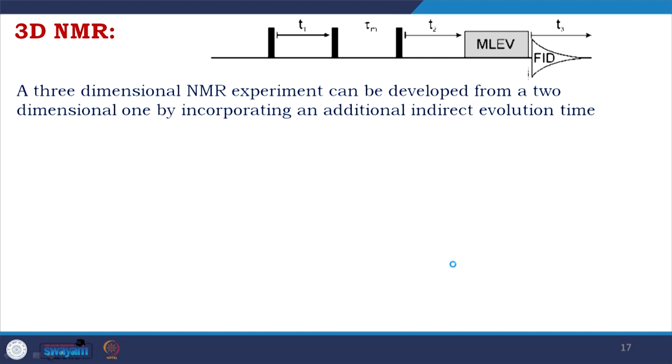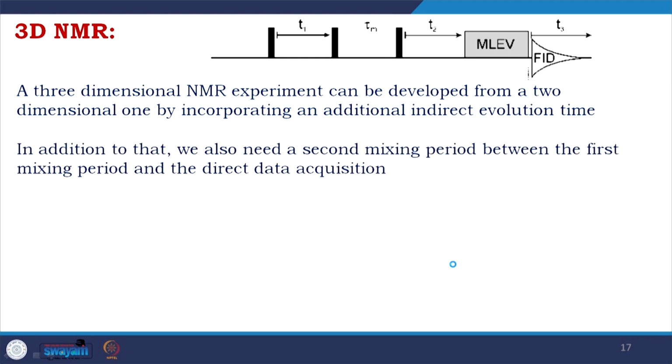A 3-dimensional NMR experiment can be developed from a 2-dimensional one by incorporating an additional indirect evolution time. In addition to that, we also need a second mixing period between the first mixing period and the direct data acquisition. So, now you could include more indirect evolution times and add dimensions.